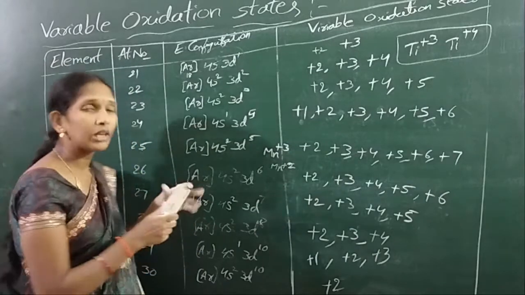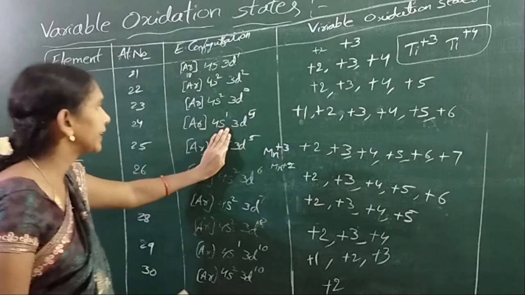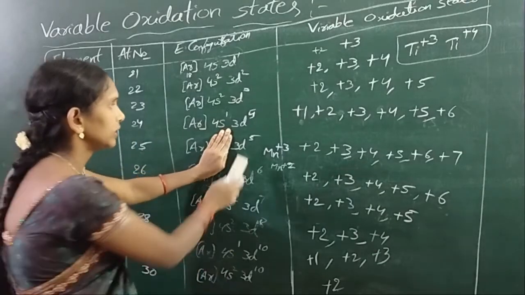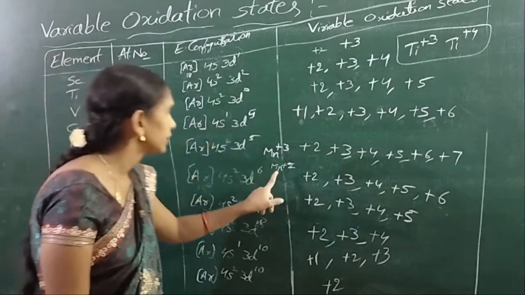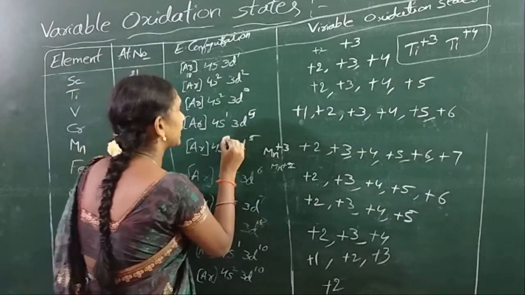Why? Because if I lose 2 electrons from S, then it gets half-filled configuration 3d5 and argon. So it is more stable. So Mn+2 is more stable than Mn+3.